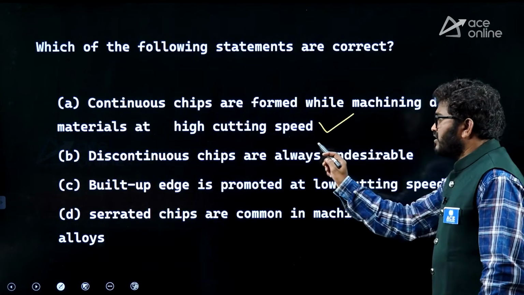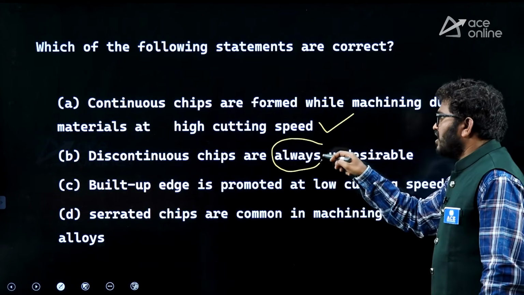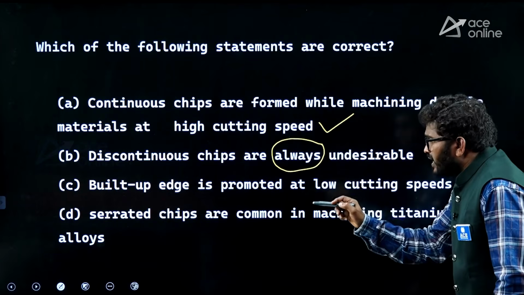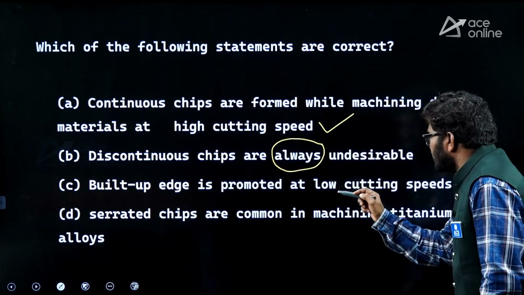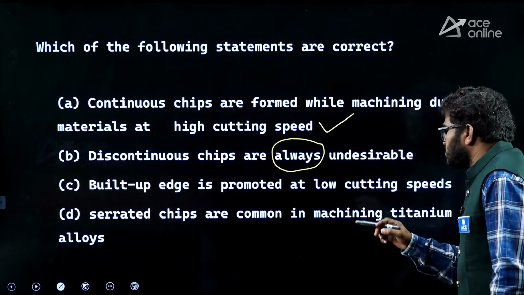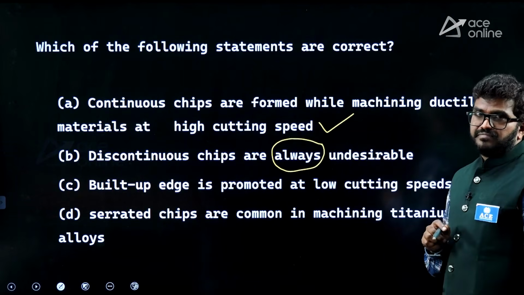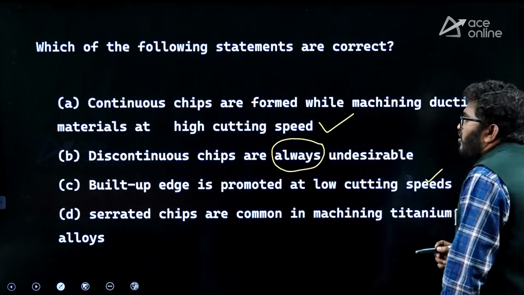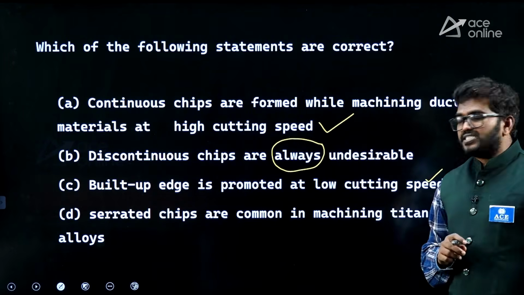Now, discontinuous chips are always undesirable. Here they use the word always, so I will decide later. Next, built-up edge is promoted at low cutting speeds. Yes, the built-up edge is formed at low cutting speeds.